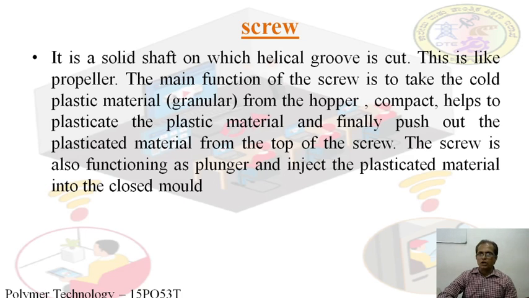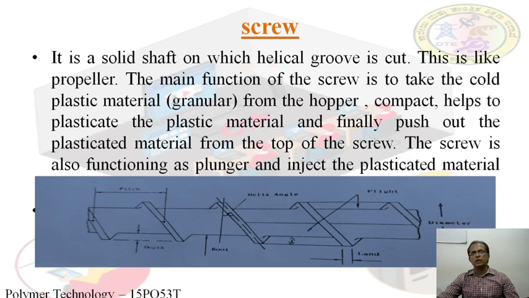The main function of the screw is to take the cold plastic material from the hopper, compact it, help to plasticate the plastic material, and finally push the material out from the tip of the screw into the closed mold. The screw also functions as a plunger and injects the plasticated material into the closed mold.